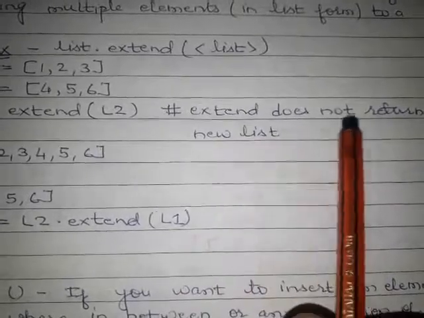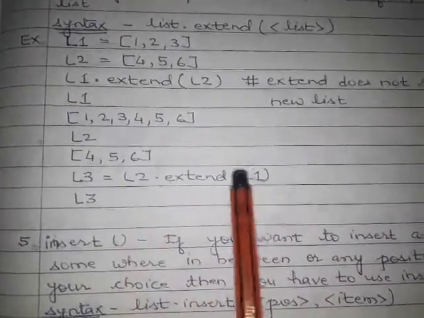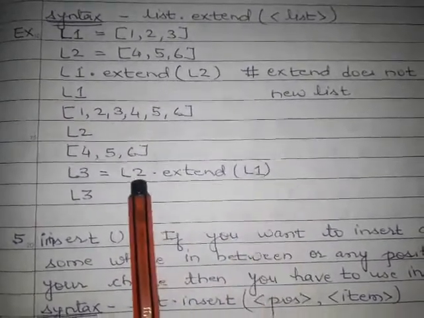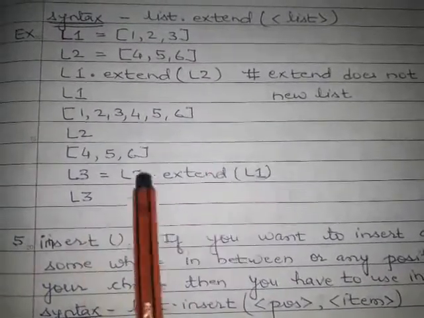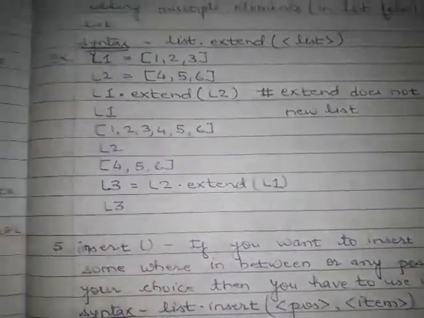We have written here, extend method does not return a new list. So it means it does not create a new list. It will add these L1 elements into L2, and this list is not assignable because it does not return anything. So L3 is an empty list. It does not contain anything.